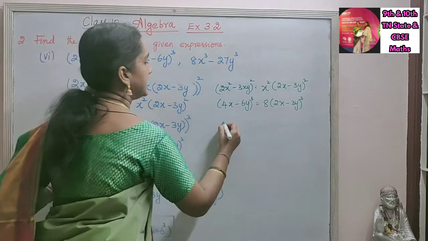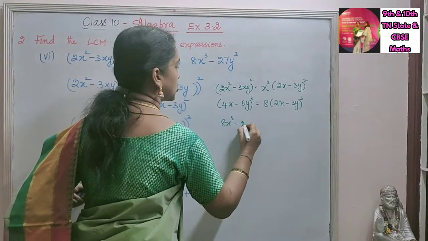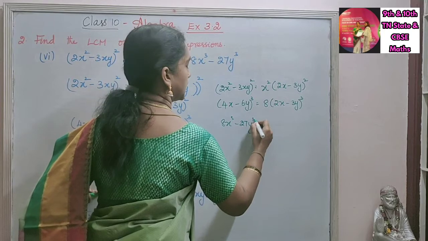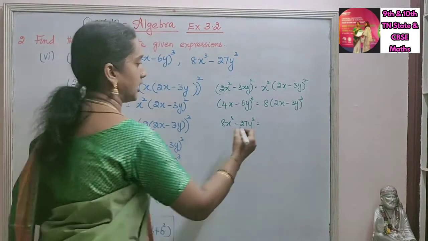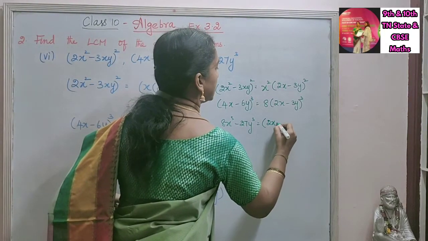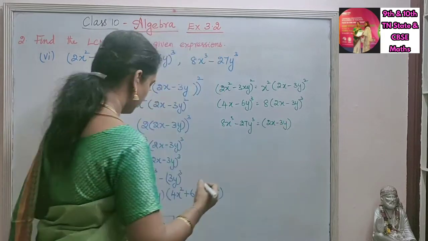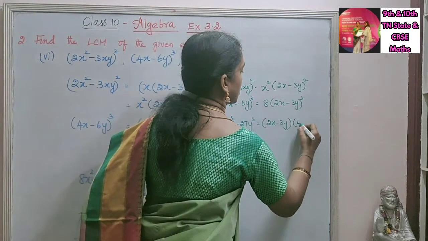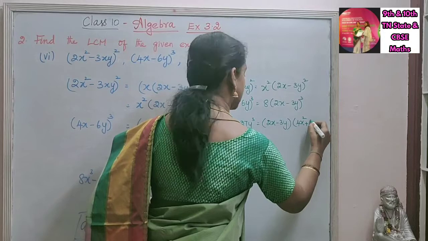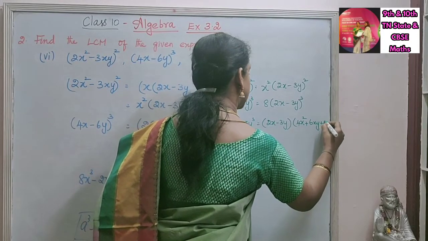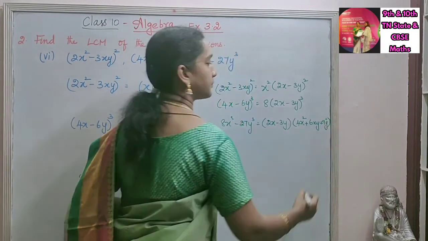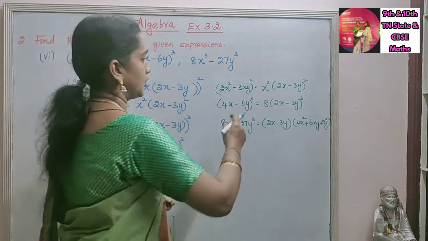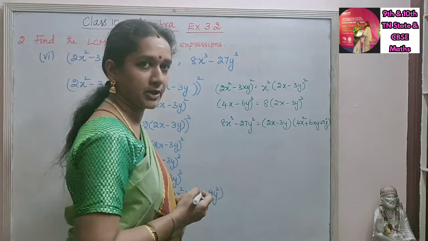Then 8x cube minus 27y cube, for this the factors are 2x minus 3y and 4x squared plus 6xy plus 9y squared. So we got the factors of all the 3 expressions.